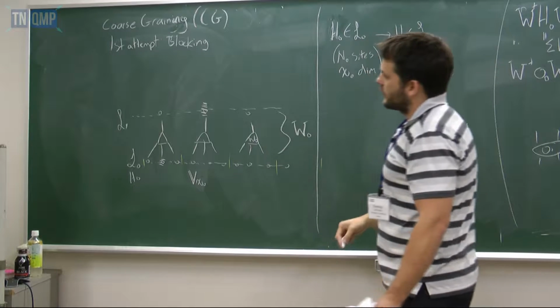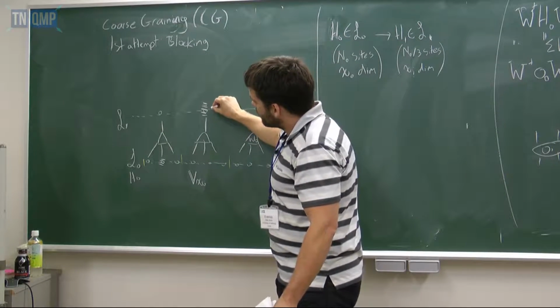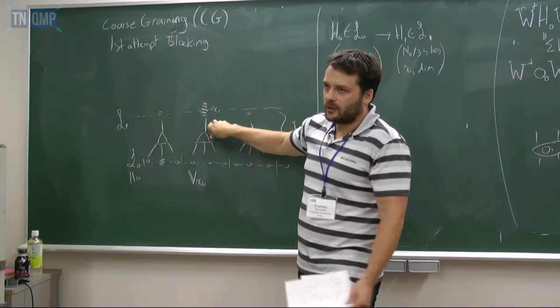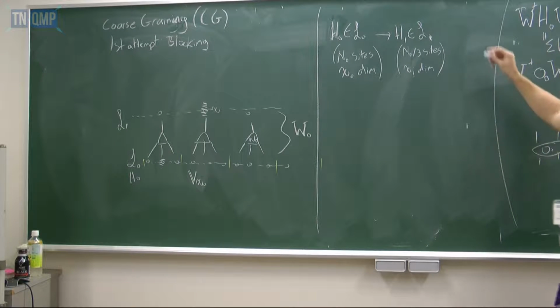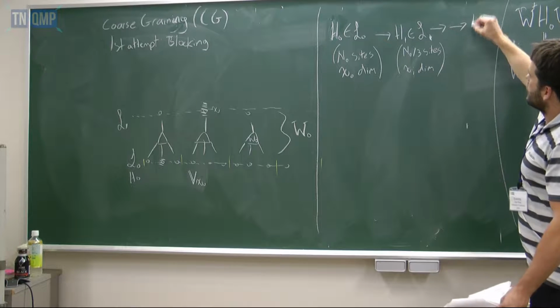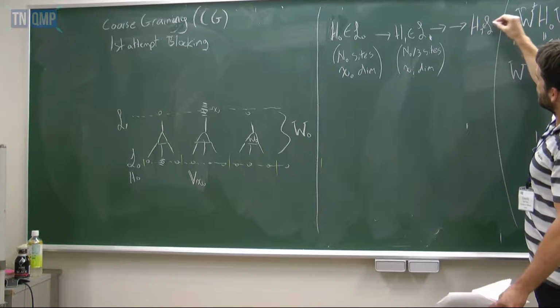So at the moment the dimension of each site relates to what I'm going to call chi, which relates to a bond dimension of this isometry. Okay, so this is the idea. Eventually we want to keep going until we reach some HT of LT.